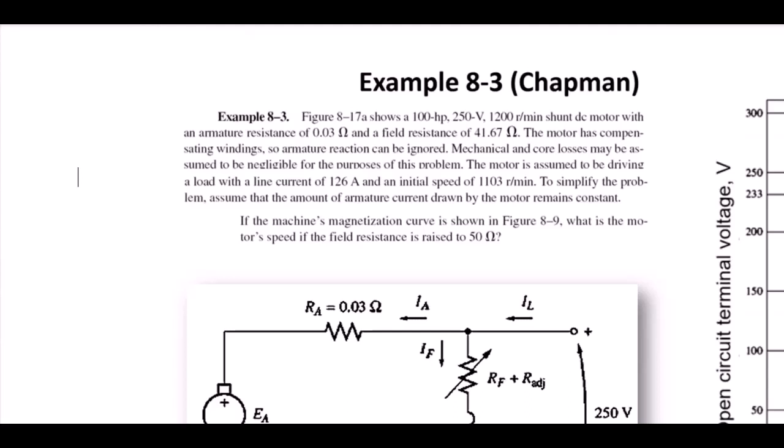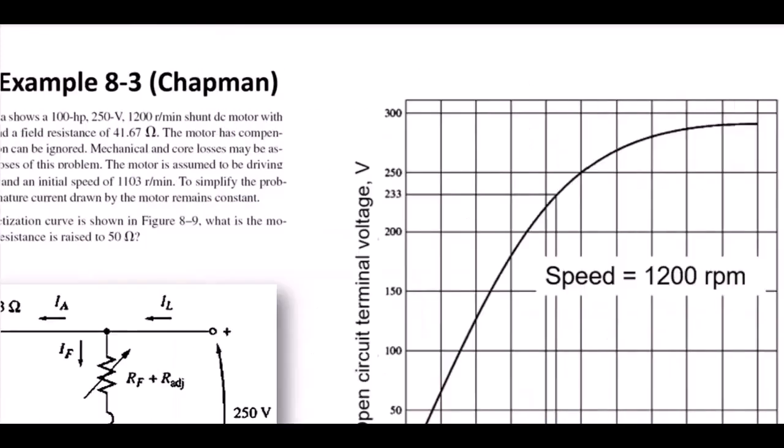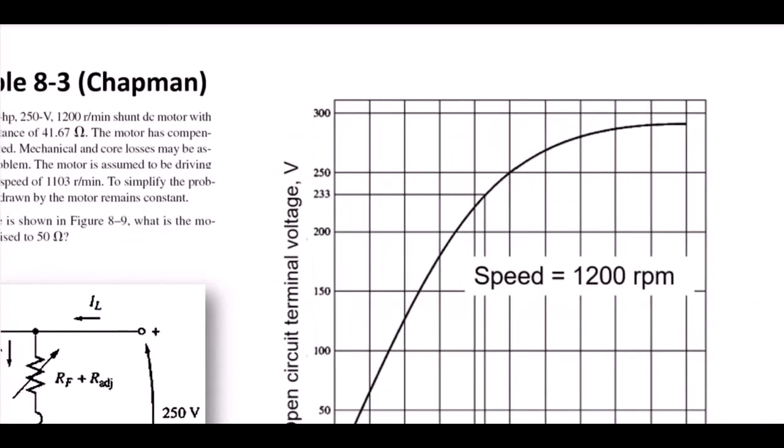The schematic diagram at the bottom shows us the equivalent circuit of the shunt DC motor. And here is the magnetization curve, and please note that this is for the speed of 1200 rpm, which is the base speed of the motor.